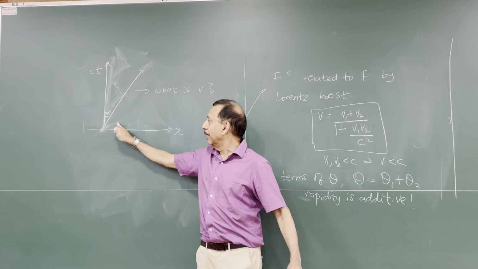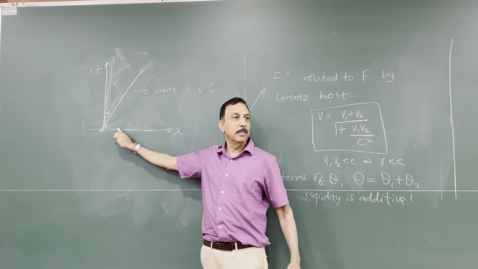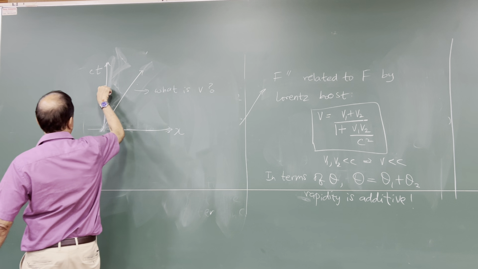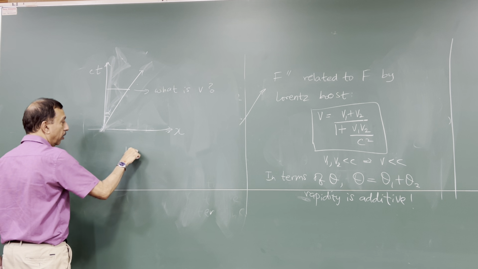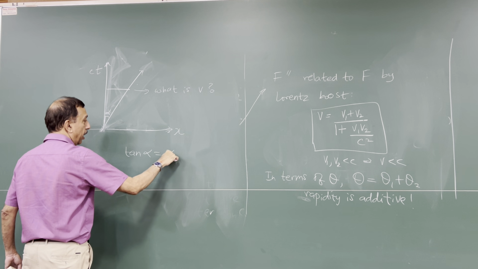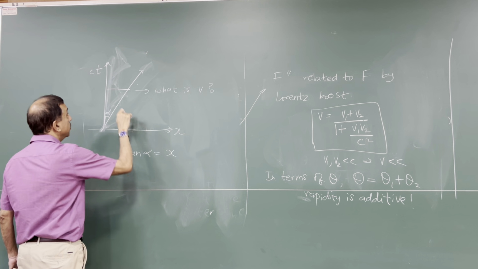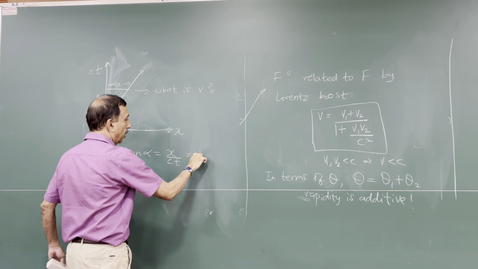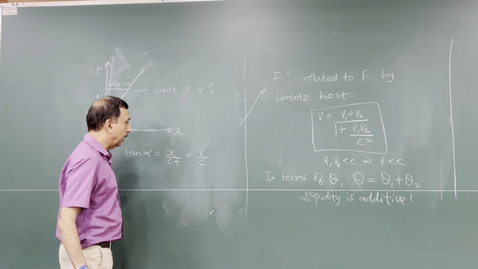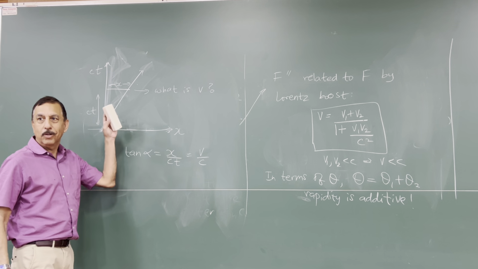Normally the angle alpha is taken on this side of any line and then we get the slope, but I want to take the angle alpha that way. Then tan of alpha is nothing but x traveled on that path divided by the time in units of c taken, so it's x upon ct. Okay, and this is nothing but our old friend v by c, but this is tan of alpha, this is not tan hyperbolic.